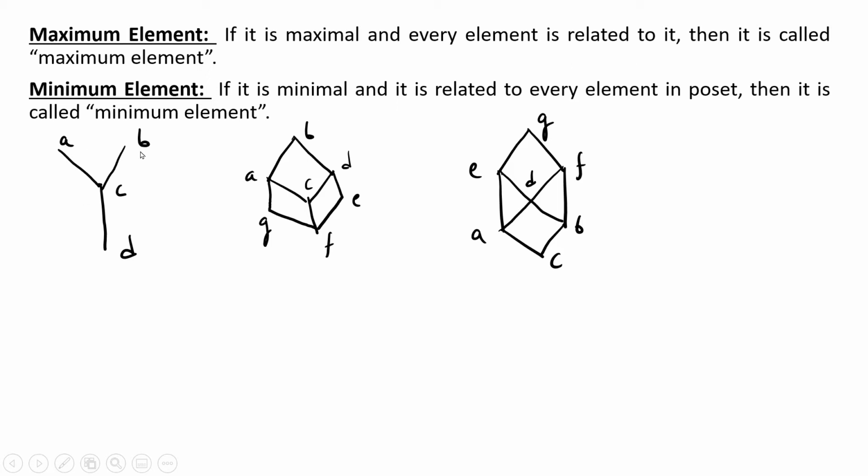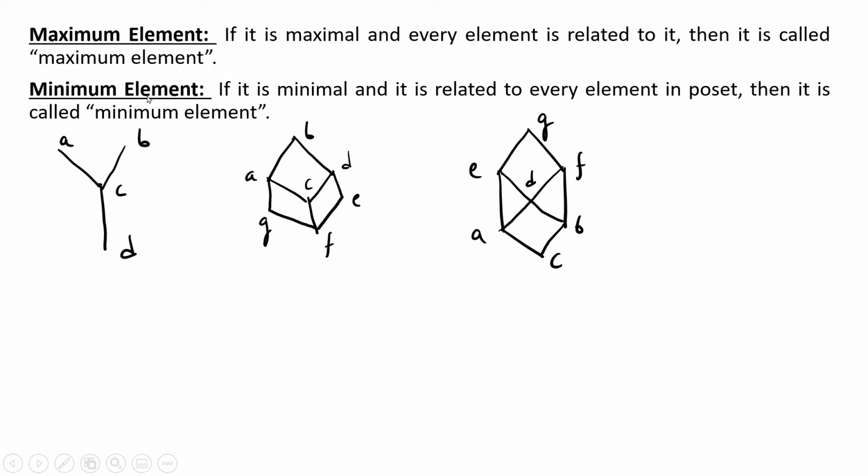Suppose we think B is maximum, but A is not related with B, and if we think A is maximum, then B is not related with A. So here two elements are maximal, but we don't have any maximum element.